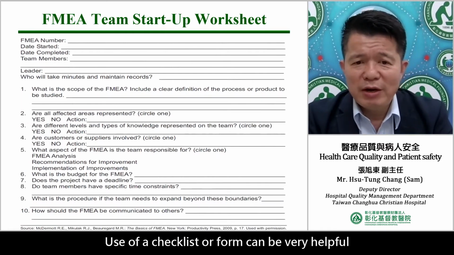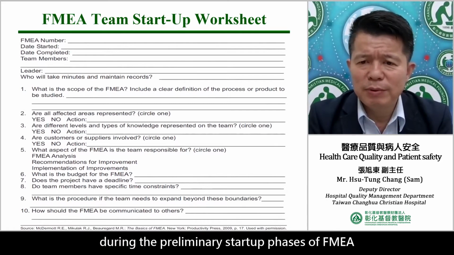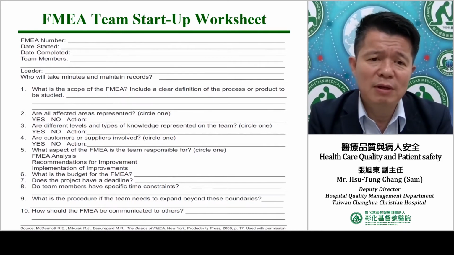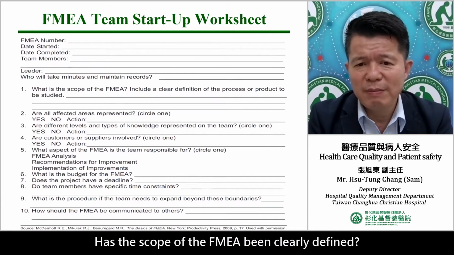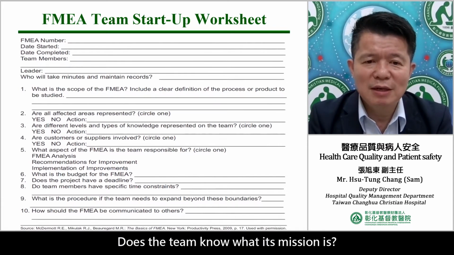Use of a checklist or form can be very helpful during the preliminary startup phases of FMEA. Relevant questions include the following: Has the scope of the FMEA been clearly defined? Does the team know what its mission is?